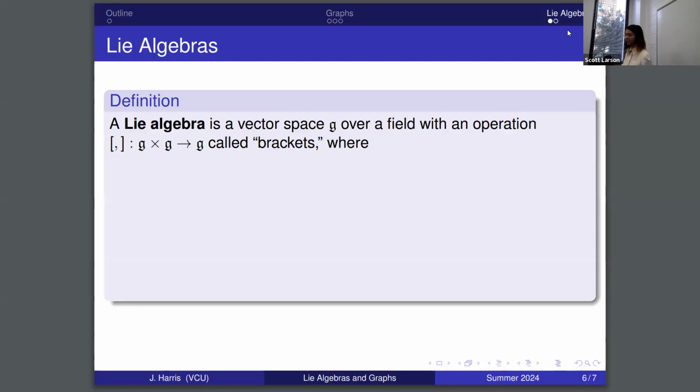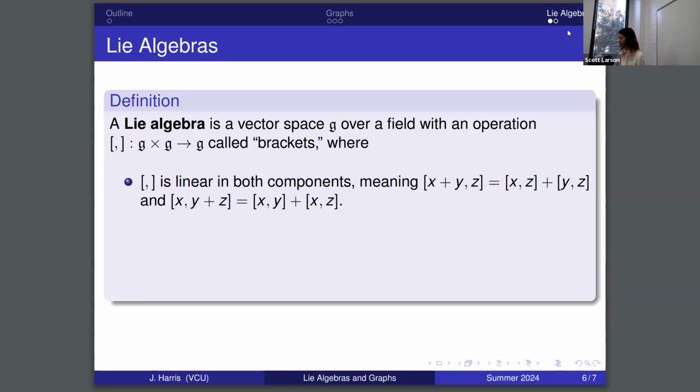So now that we've gotten graphs out of the way, I know that many people here are much more experienced in Lie algebras than I was at the beginning of this project. But this is the definition of Lie algebras that we used, and it served us fine. A Lie algebra is just a vector space that has an operation called the bracket, where we bracket two things together and it gives you another element of the Lie algebra.